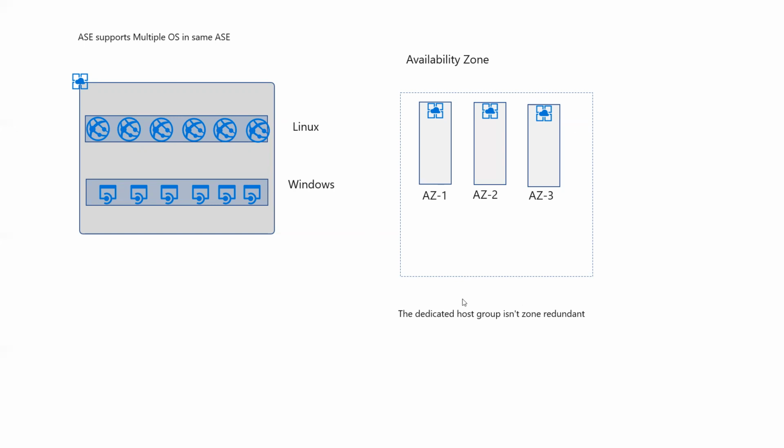The other diagram I wanted to show you is that App Service Environment v3 supports zone redundancy, where within the same region you are going to have at least three availability zones with a minimum of 3 instances running. I'm going to show you this while creating the App Service Environment.